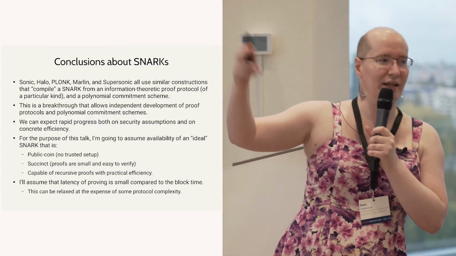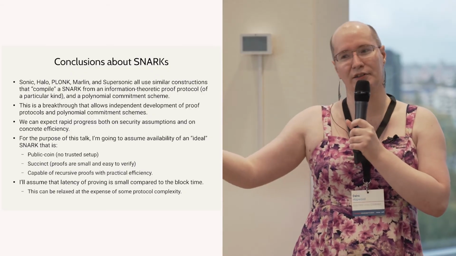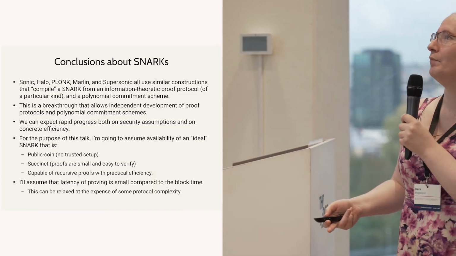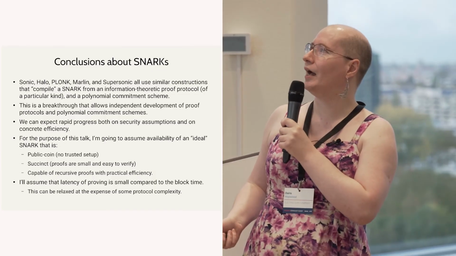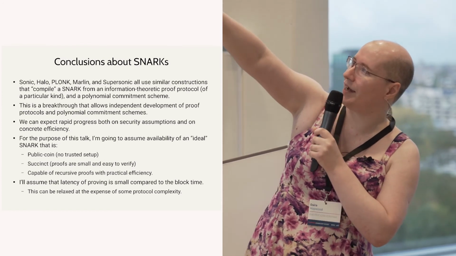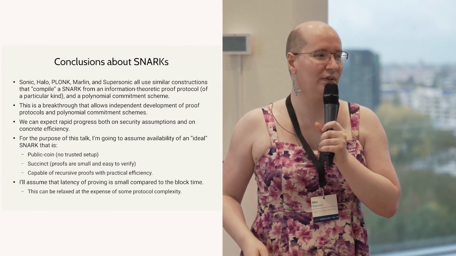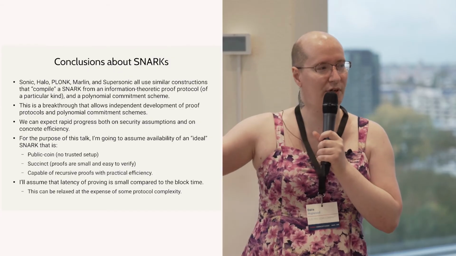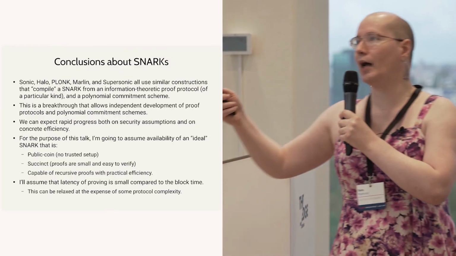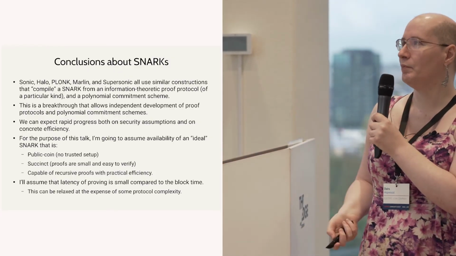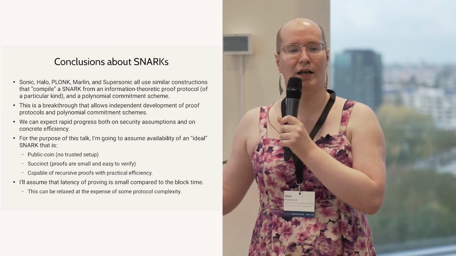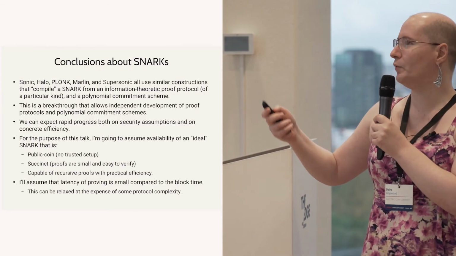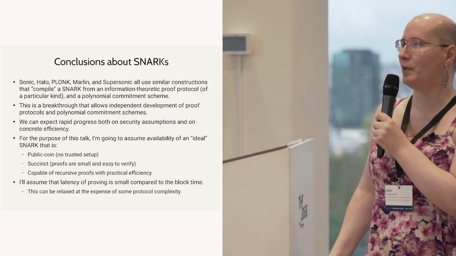That means you can mix and match the two halves of the SNARK, so you can use different information theoretic protocols and different commitment schemes. This is a particular kind of commitment scheme on polynomials that allows you to verify evaluations.